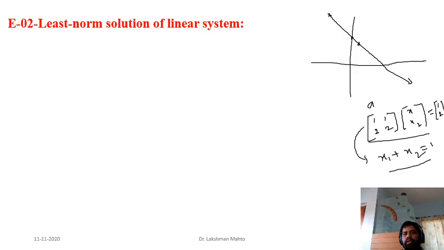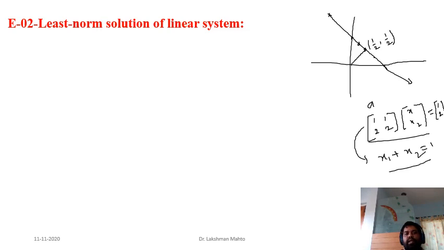This one is a solution, this one is a solution, all these are solutions. If you see this point here, 1 by 2, 1 by 2, definitely it is on the line x1 plus x2 equal to 1. This point has the least norm. You can verify that, it is very easy.